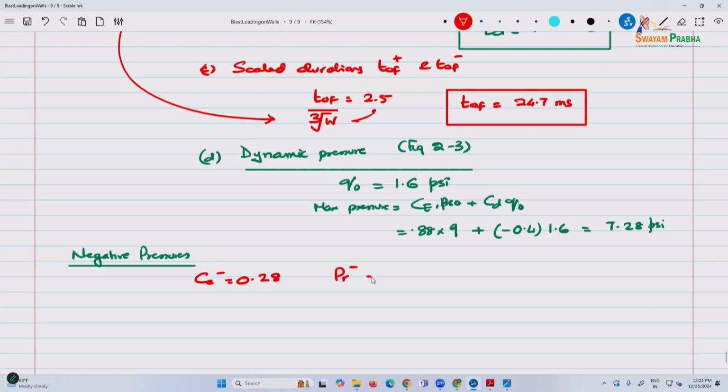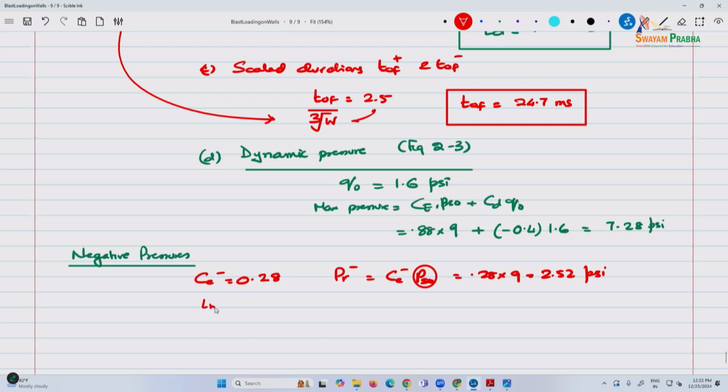So PR minus is CE minus multiplied by PSO, which is 0.28 multiplied by 9, not PR, the maximum here, which is 2.52 psi. We use PSO because it's a sidewall.